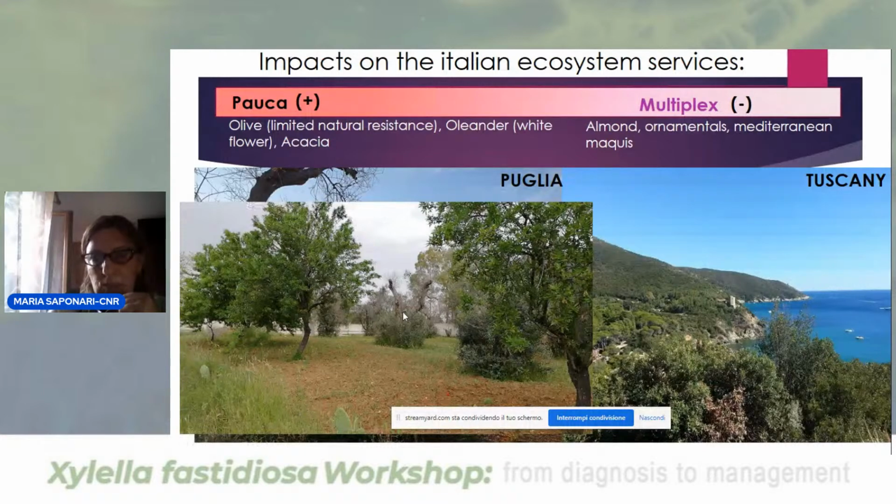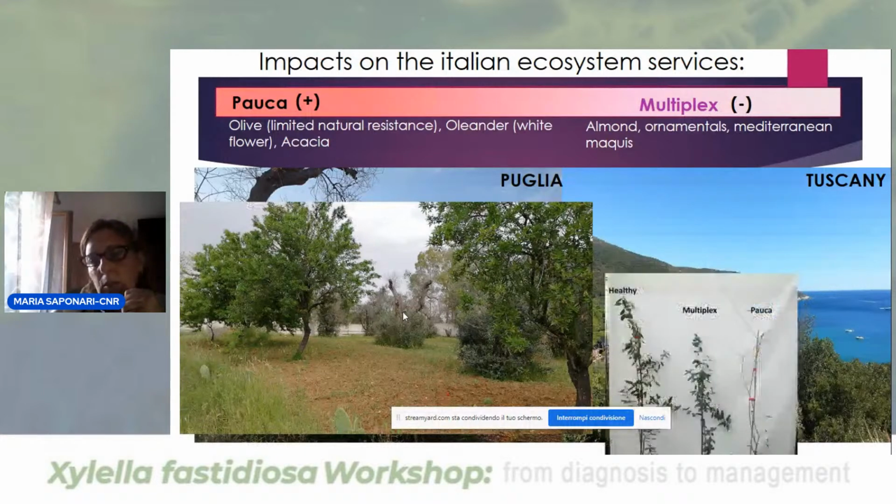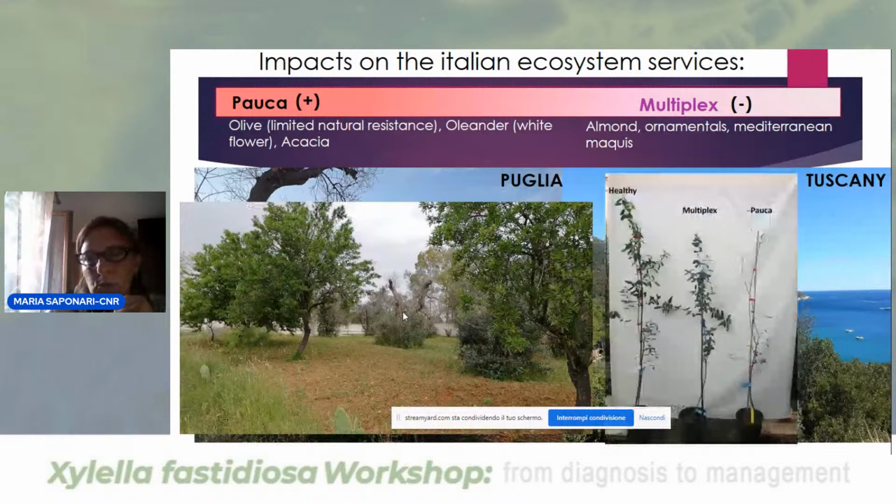It was also important to show experimentally, for example, that we verified in controlled conditions that the strain of the subspecies multiplex may be less aggressive on olives than the pauca. So our main problem is to have a very aggressive strain in southern Italy.